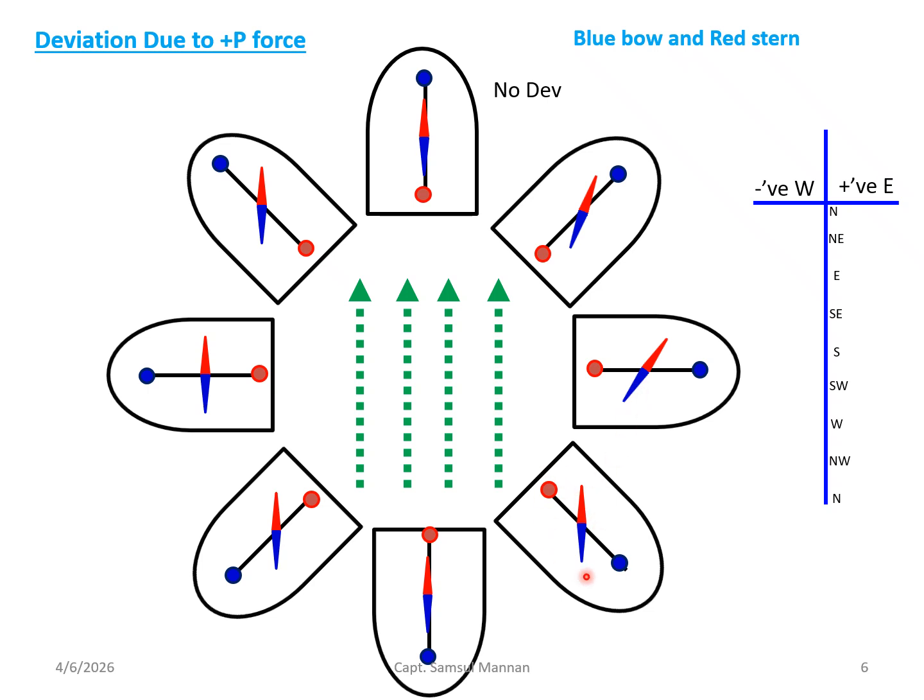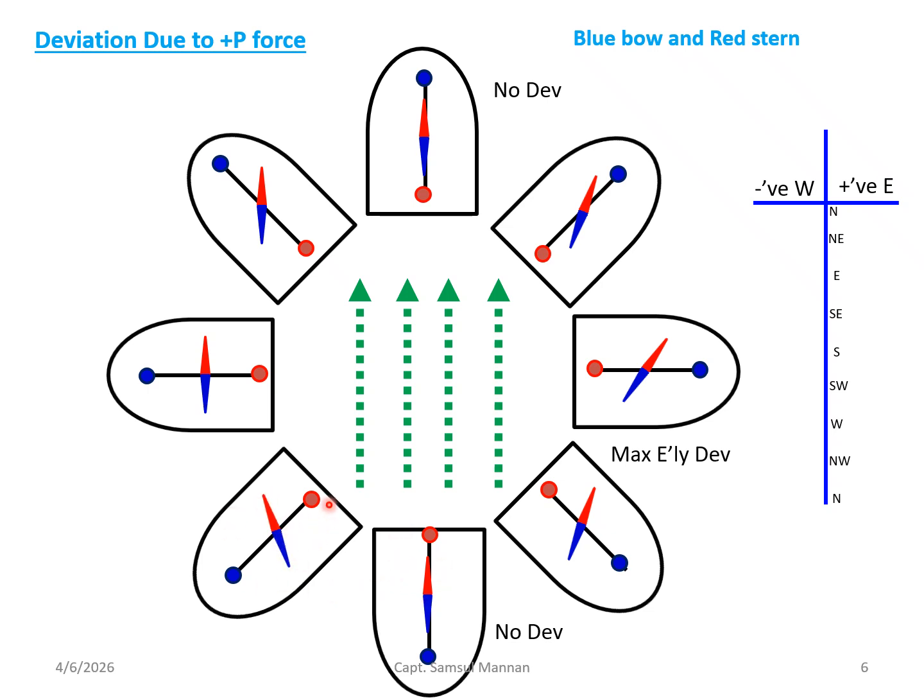Again, when the vessel is on 135 degree course, it will have some small deviation, and when the vessel is on 180 degree course there will be no deviation. Why? Because the compass needle is fully aligned with the magnetic meridian, and the blue pole and red pole are also aligned with the magnetic meridian, so the directive force will be increased or decreased, but there will be no deviation.